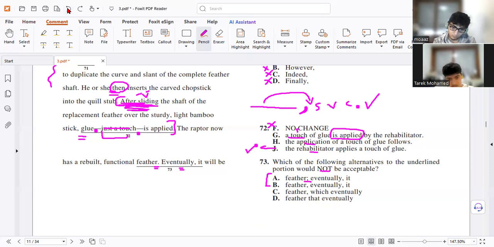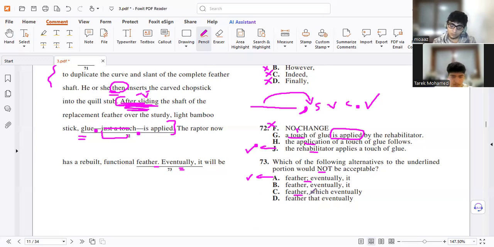So now let's go to C. Always follow the rules. Semicolon before and after complete sentences. This one equals this one. So A is correct, and we need the wrong one. Talking about where the three are correct.